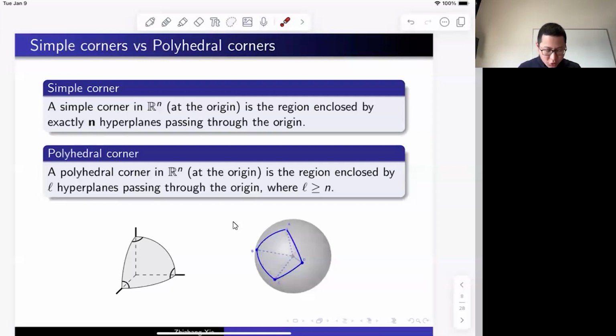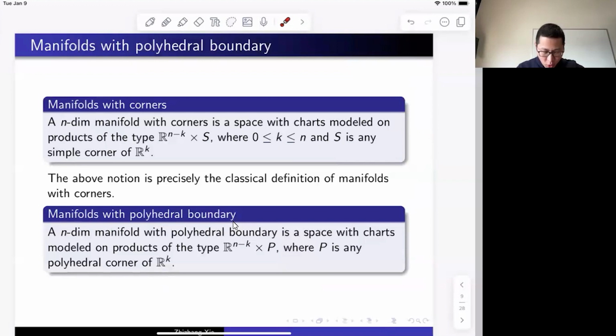So now we have introduced the simple corner and the polyhedral corner. Let me take one more slide to fix some terminology. In the literature, these two notions, manifold with corners and manifold with polyhedral boundary, are sometimes mixed.